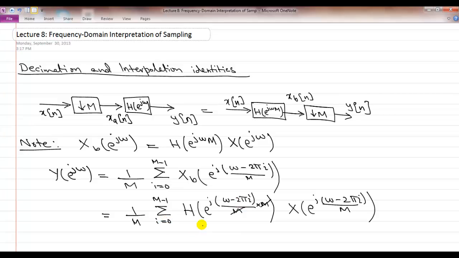Right? So this thing is nothing but H of e to the j omega. Shifting by the period is not going to change the output.